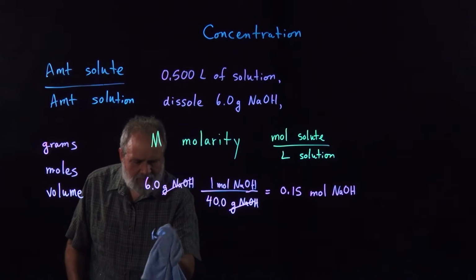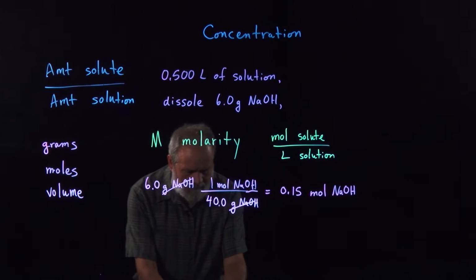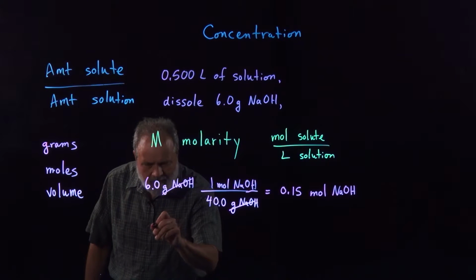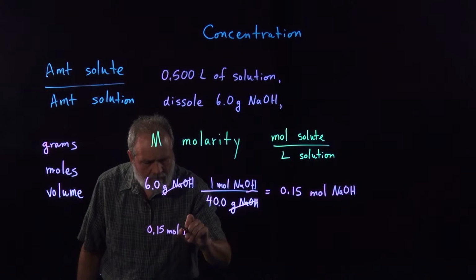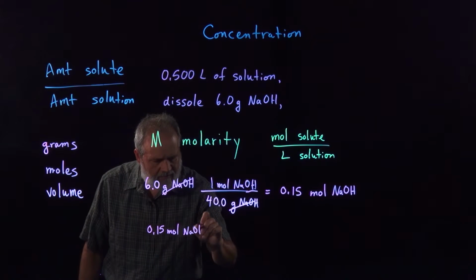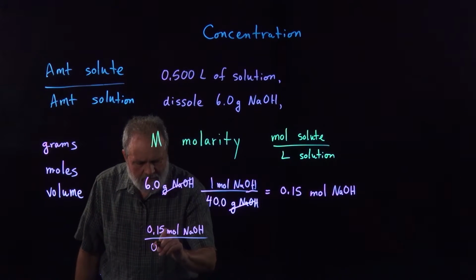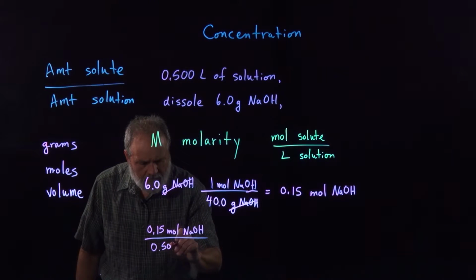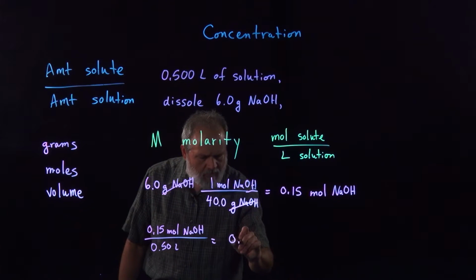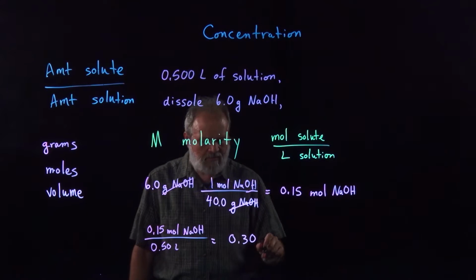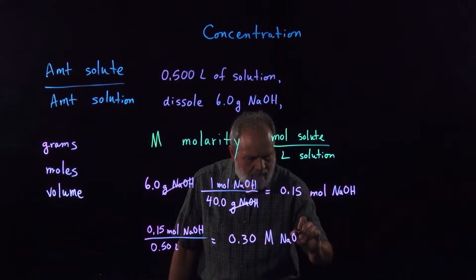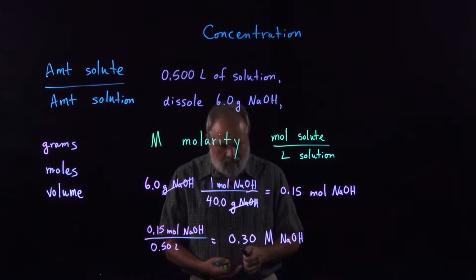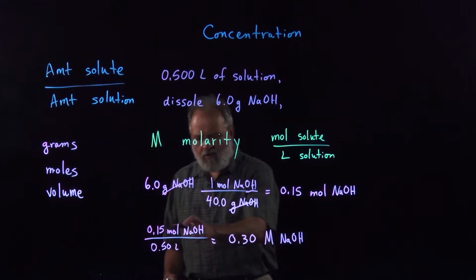It is 0.15 moles of sodium hydroxide divided by 0.5 liters. And that is 0.30 molar sodium hydroxide.